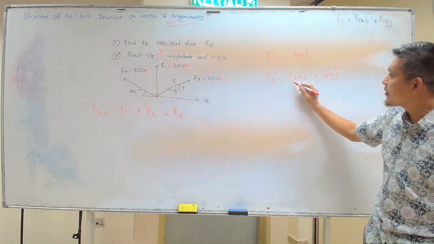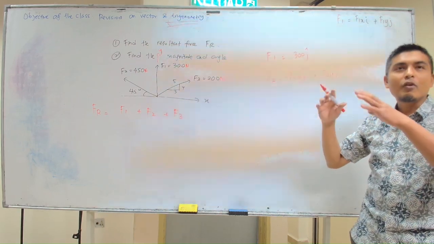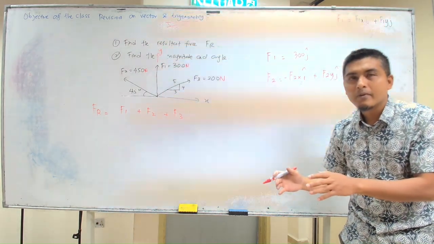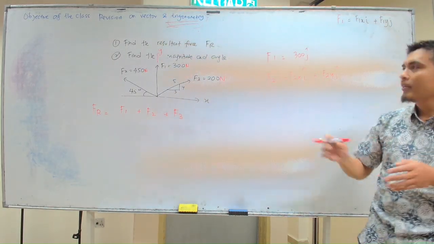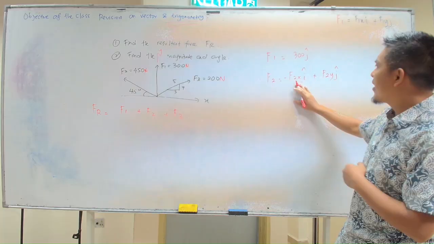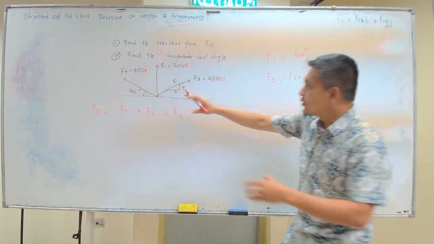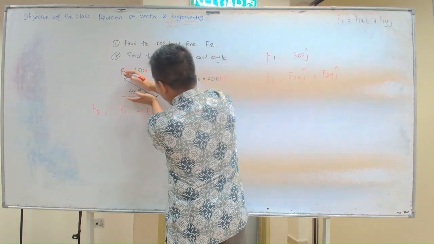So now we want to find what is the F2x. So we go step by step. That's why I ask you, don't panic. Okay? So now, how do we want to find the F2x? You just extract this information.